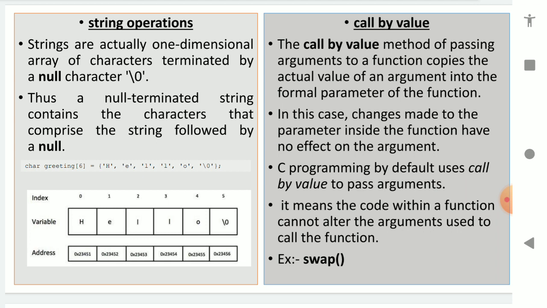C programming by default uses call by value to pass arguments. It means the code within the function cannot alter the argument used to call the function. For example, swap.